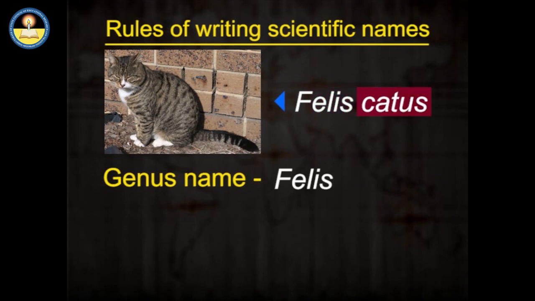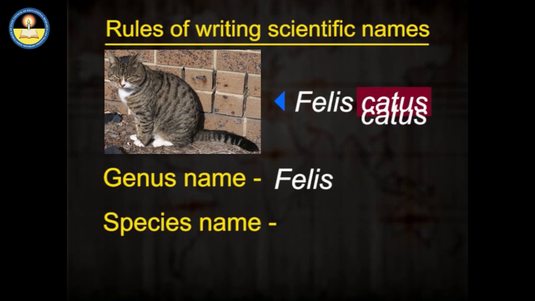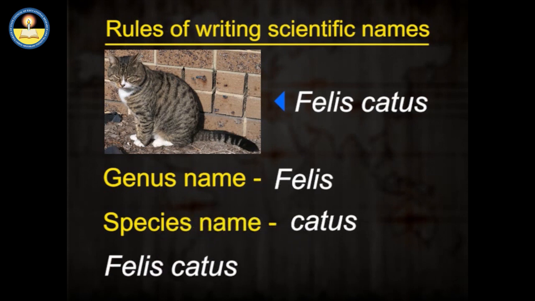Second word of a scientific name. The species is written second. The species is always underlined or italicized. The first letter of the species name is never capitalized. The name should be in italics when printed.